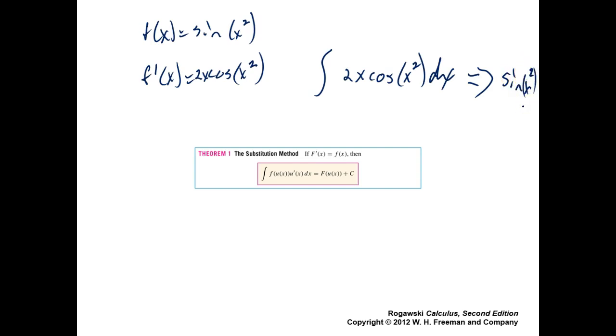You should wind up with that because integration undoes differentiation, and differentiation undoes integration. Except, there's always an exception, isn't there? You can only come within a constant of it. So you always have to do a plus c. Because when you integrate an indefinite integral, it could be any of many functions, some constant vertical shift of that function.